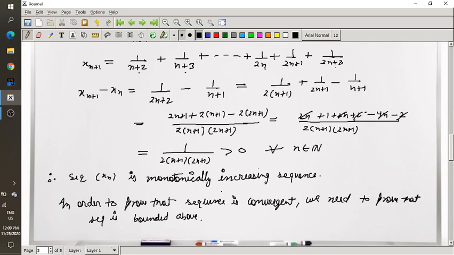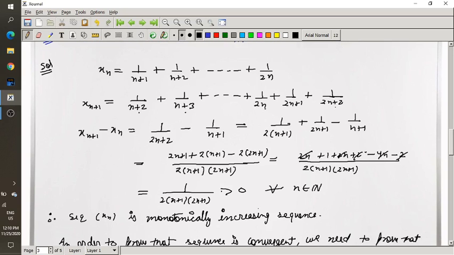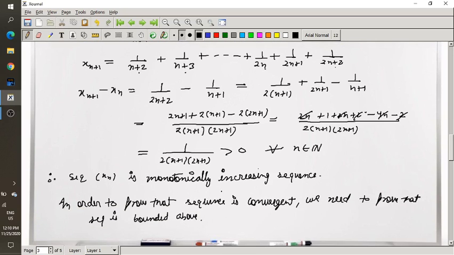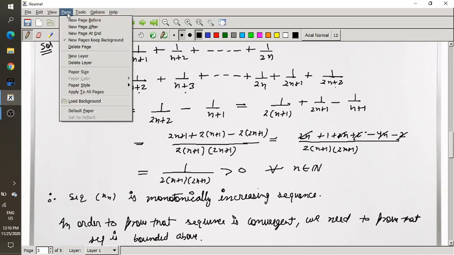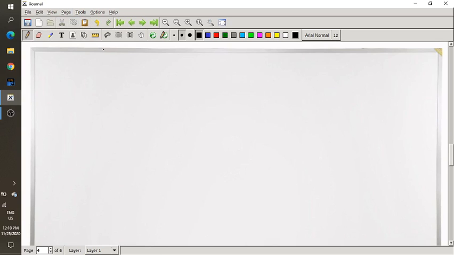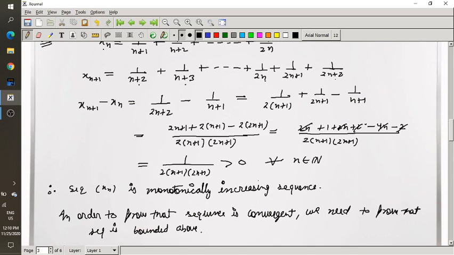So when I started thinking about the bounded below condition, it was very obvious that these are positive terms. So proving bounded below is easy. Then it struck my mind that I have made some mistake. So no problem, it happens many times. So now we prove that this sequence is bounded above, because there is something new in proving this sequence as bounded above.